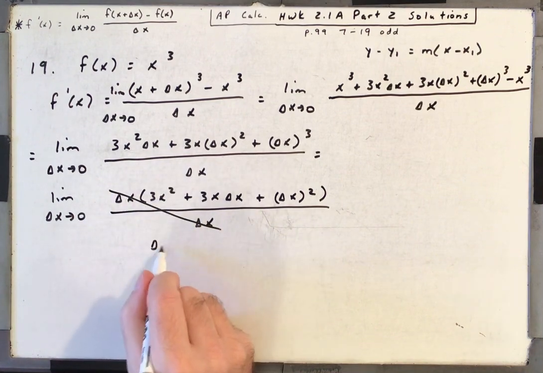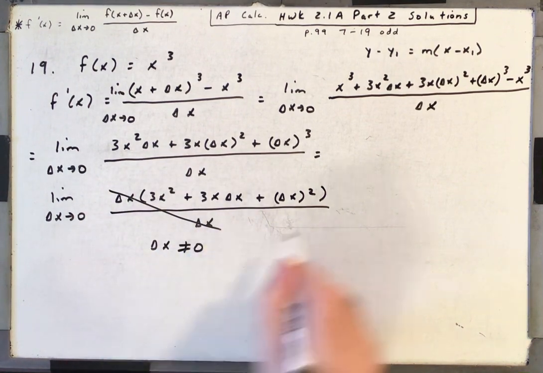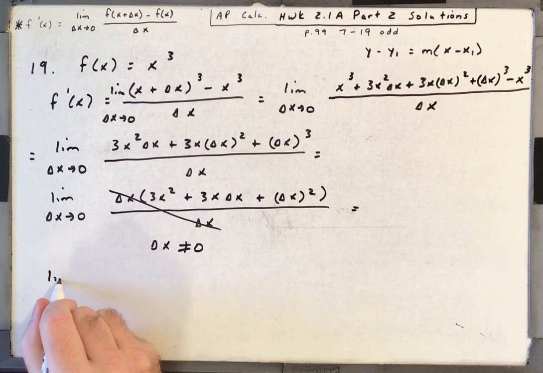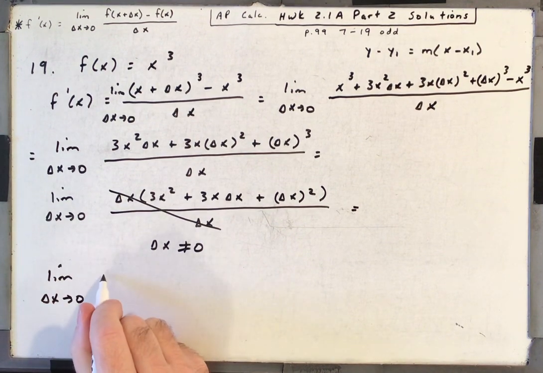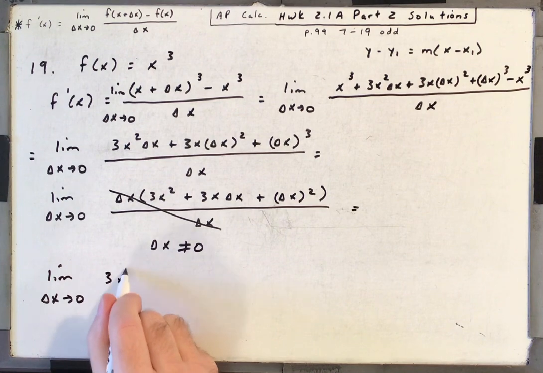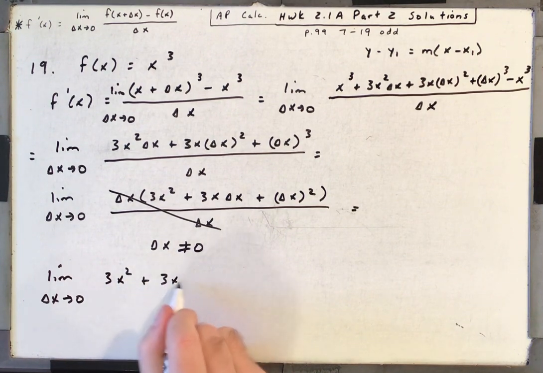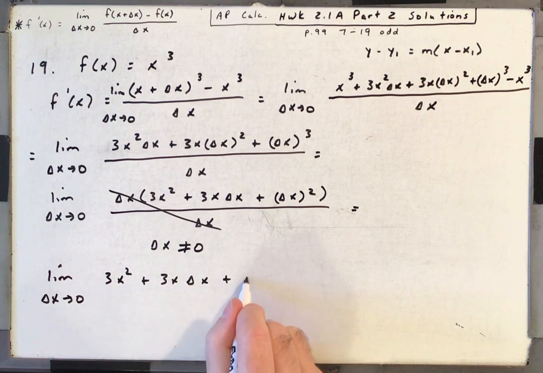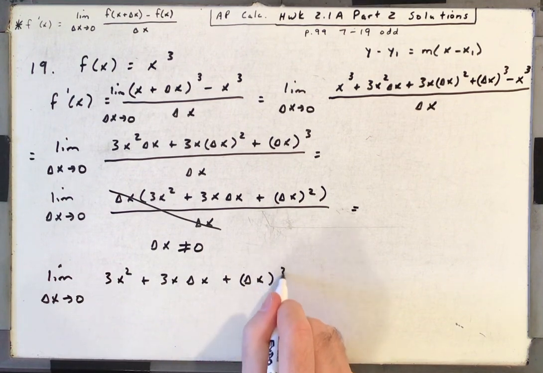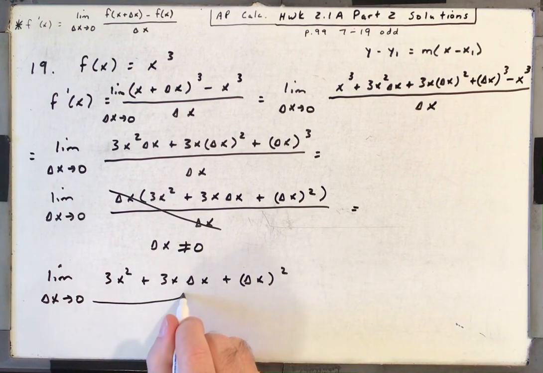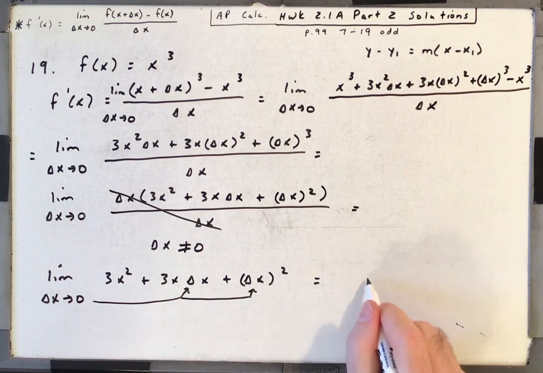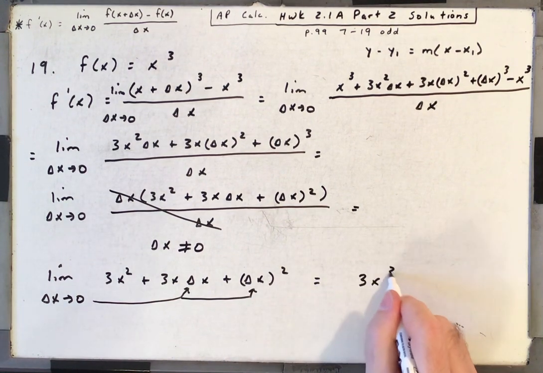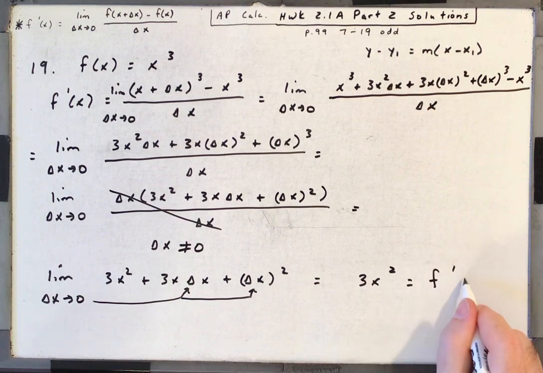We can cancel that as long as delta x does not equal 0. And we are near the end. The limit as delta x approaches 0 of 3x squared plus 3x delta x plus delta x all squared. We plug a 0 in there and there. And what's left is just 3x squared, and that's equal to f prime of x.